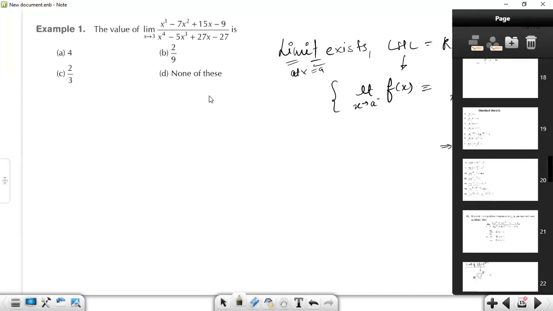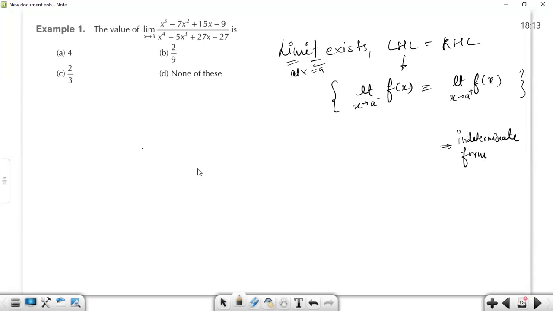Sir, infinity minus infinity, or 0 into infinity, 1 power infinity, 0 power 0, and infinity power 0. How many? There are 1, 2, 3, 4, 5, 6, sir. Okay, 0 by 0 is also one, no? Yes, sir.